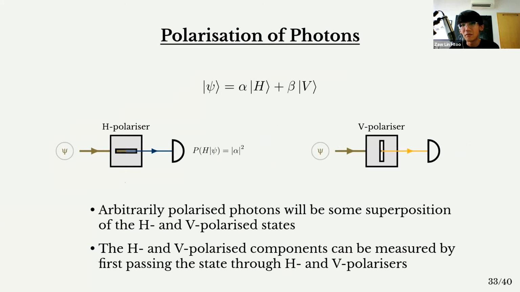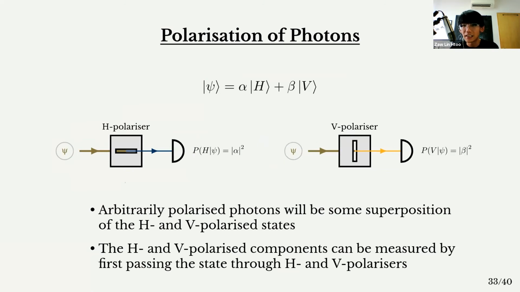So this means that only the V component will survive, and so you'll get back beta squared. And so if you have a lot of copies of an arbitrary state and you don't know what polarization it is in, you can do this process and figure out what the magnitudes of alpha and beta are.